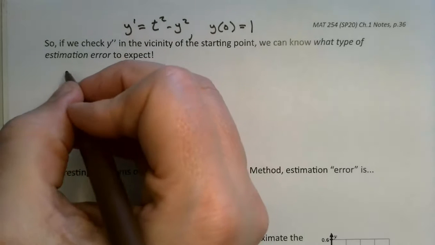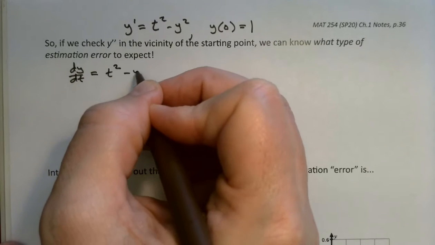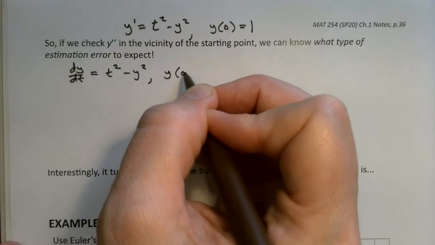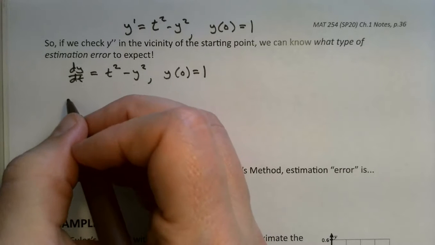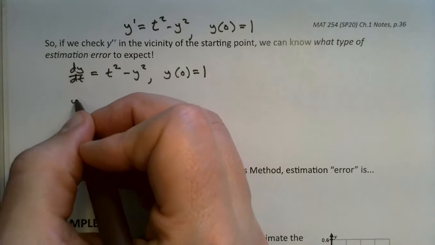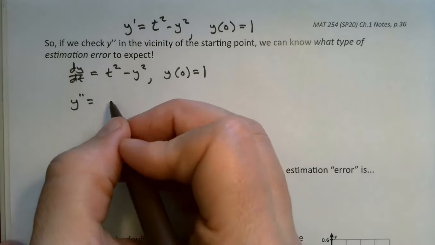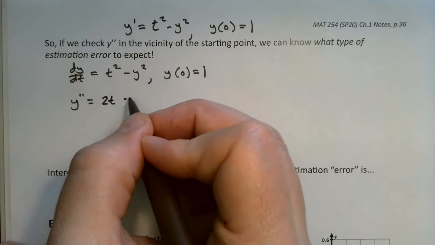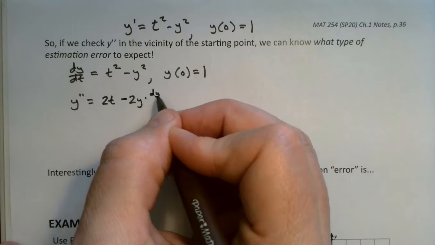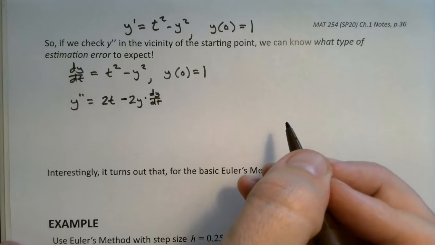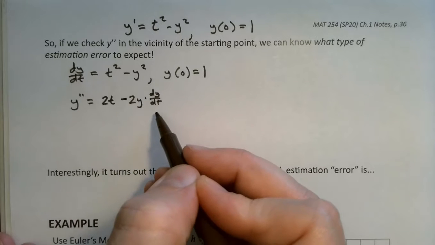So if we start with dy dt equals t squared minus y squared, then we take the second derivative, the derivative of the derivative, and we get y double prime equals, taking the derivative with respect to time, 2t minus 2y using the chain rule times dy dt. And so taking the derivative of this whole thing gives us this.